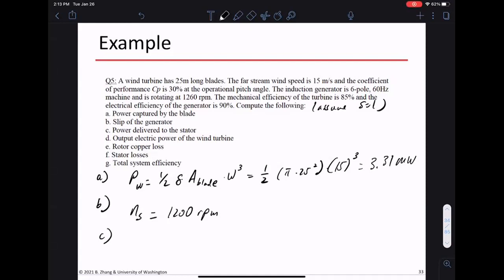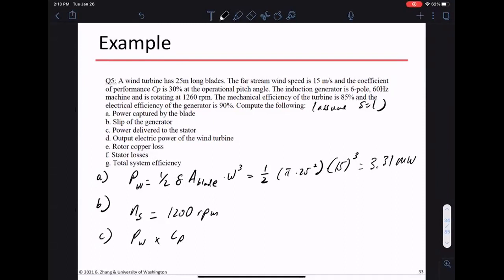Part C. Let's look at what the power to the stator is. The power to the stator is basically PW multiplied by CP.